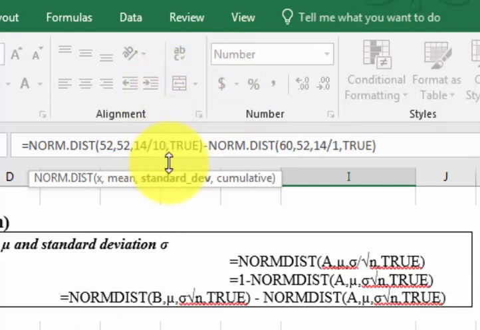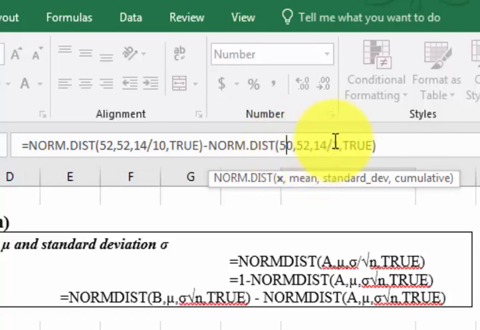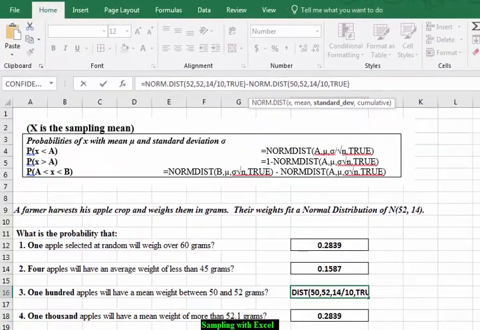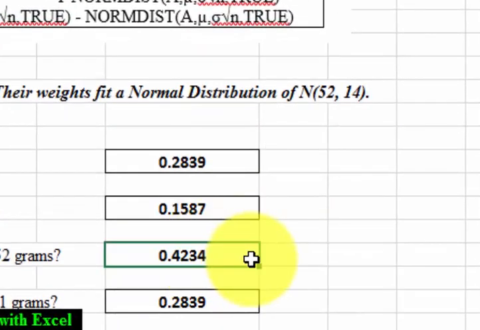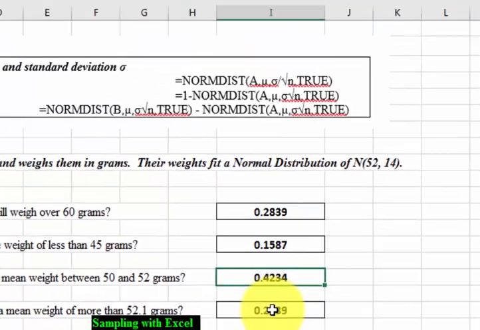You'll notice I'm using nice, neat numbers. Then the second one is 50, with 52 and 14 divided by, again, the square root of 100. That should give us the probability. There's about a 42% chance that 100 apples will have a mean weight between 50 and 52.